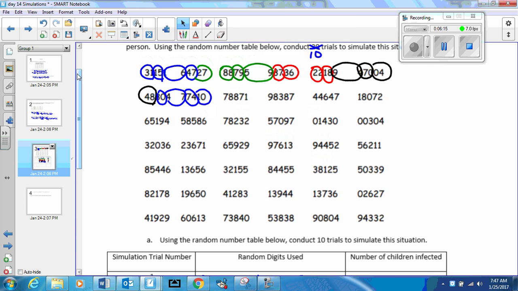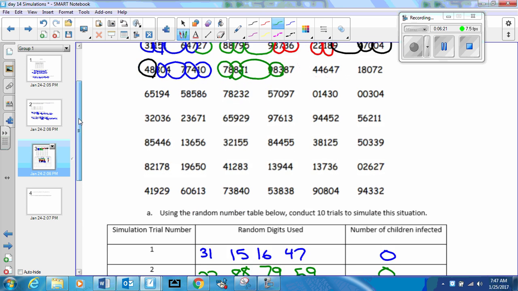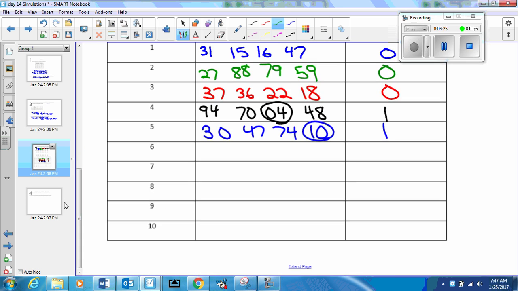Continuing on, 78, 87, 19, 83. Writing down 78, 87, 19, and 83. No children are infected in this case.